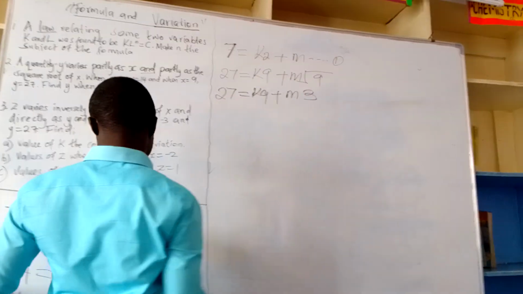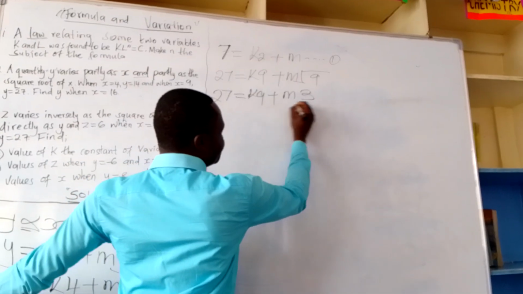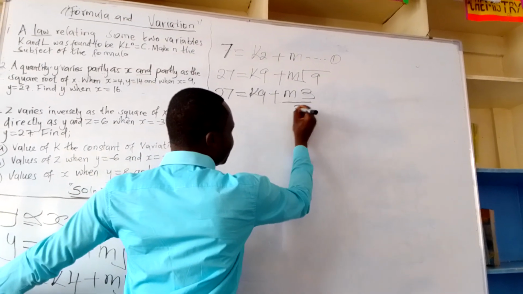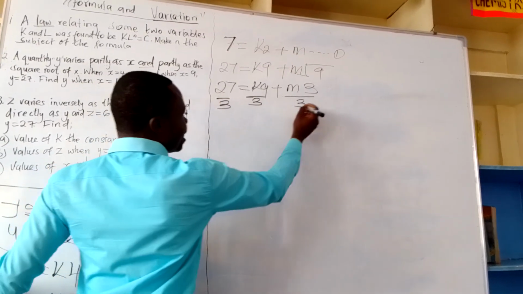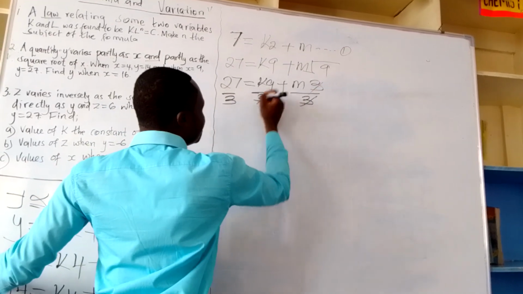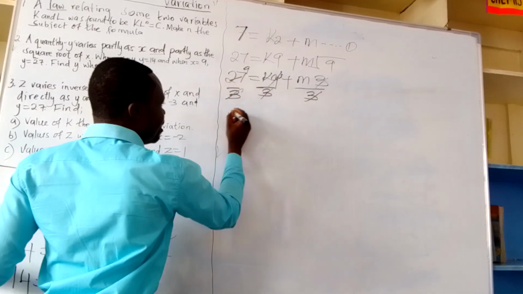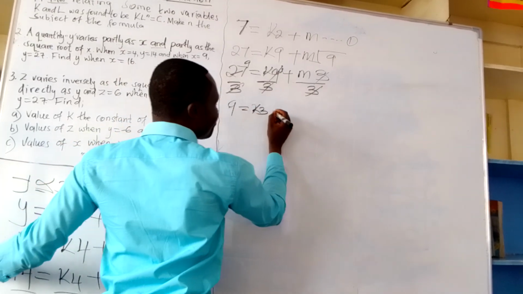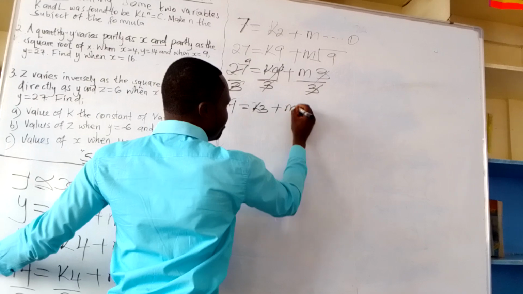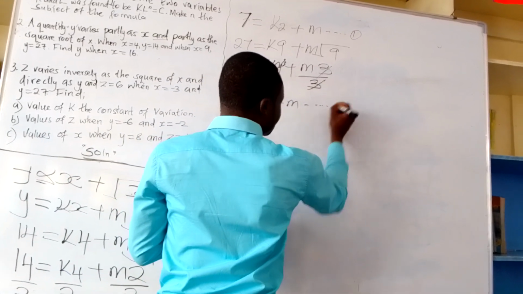Let's do the same. The way we eliminated this, let's do the same on this side. Over 3, over 3, over 3. And this is going to be, there 3, there is 9. So we have 9 is equal to k3 plus m. That is going to be our second equation.